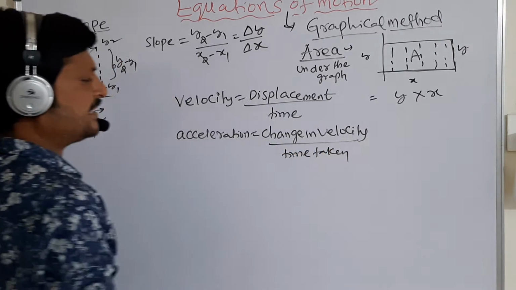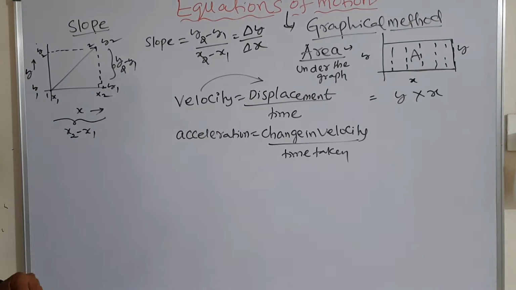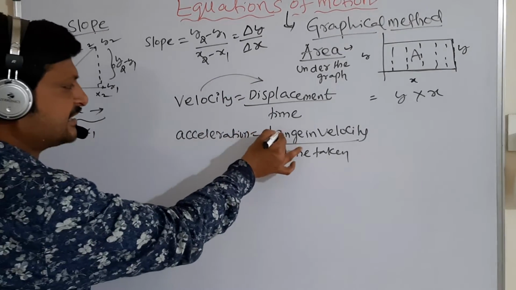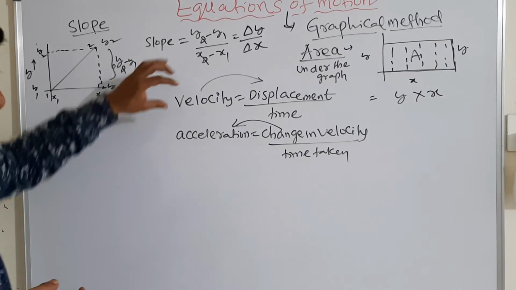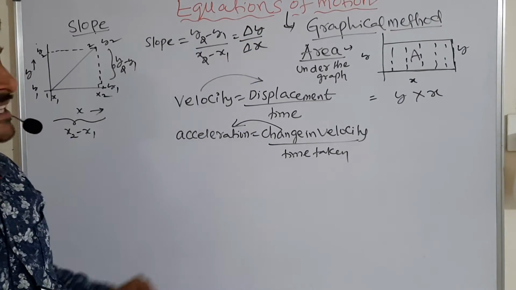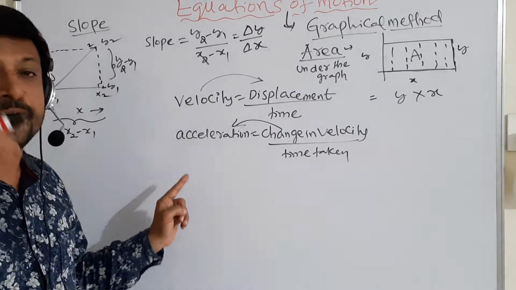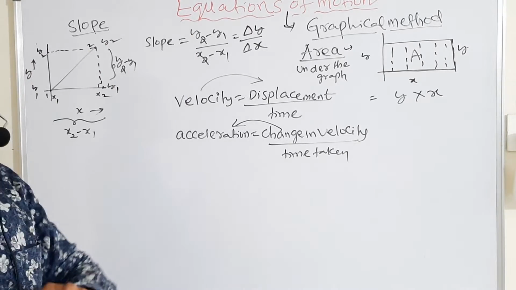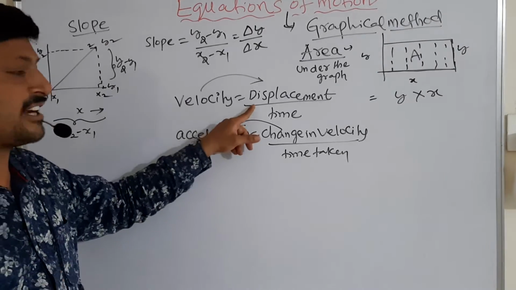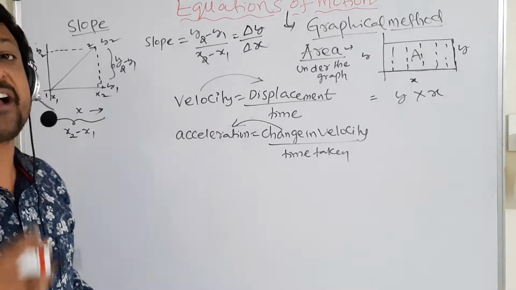That means velocity is related to displacement and velocity is related to acceleration. So if you draw the graph of velocity time, from velocity time graph we can find the relation of displacement and we can find the relation of acceleration.